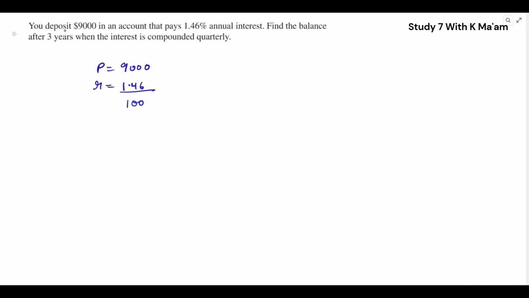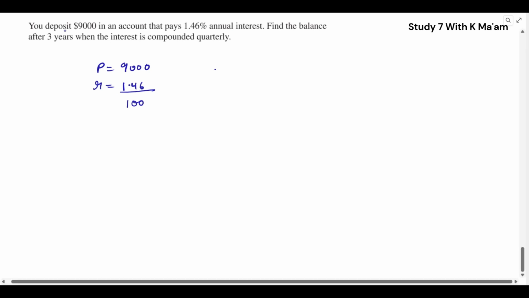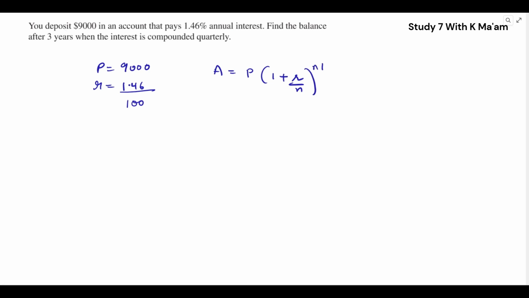When it says compounded quarterly, you have to choose the previous formula, which is A equals P times 1 plus r over n, to the power n times t. In this case, n is 4, t is 3.